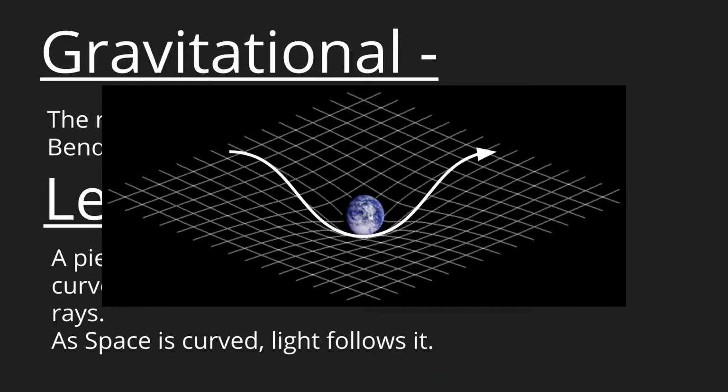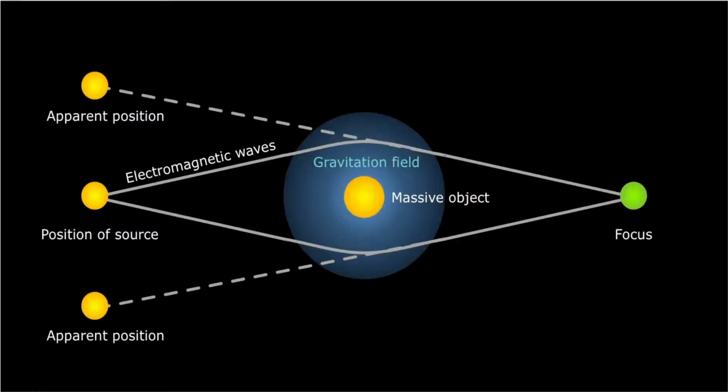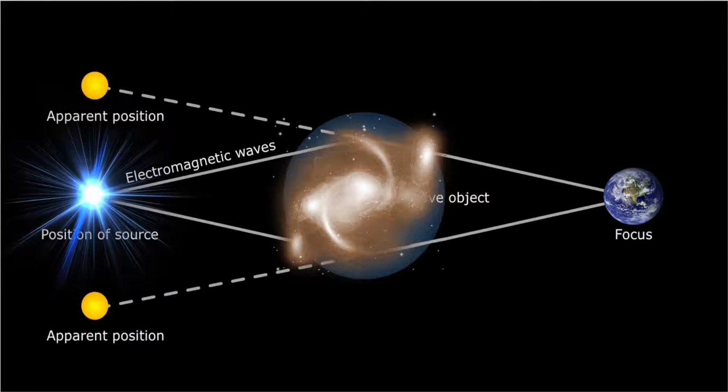Now, let's put all the information we have learnt so far into context. Let us imagine that the green focus point is us here on Earth, and let's say that the yellow massive object is some distant galaxy. Now, let's say that there was a quasar at the point of source behind this galaxy.